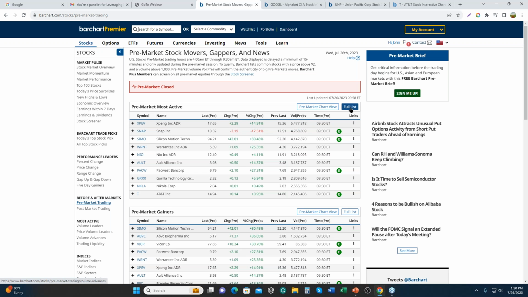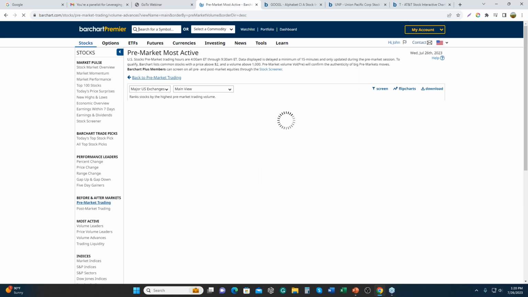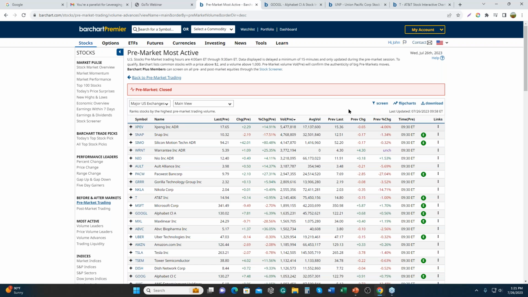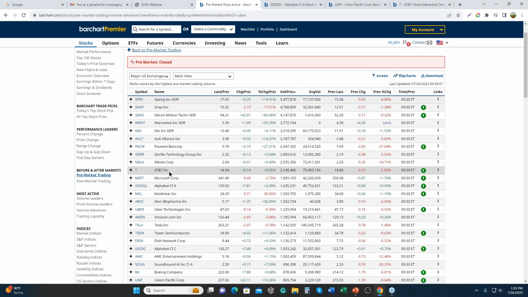All right, so let's look at the first example. Here's AT&T. What did we see? AT&T had a pre-market percent change of just a little bit less than 1%, and the pre-market volume was 2.1 million. So less than 1.5% and a light to moderate volume.